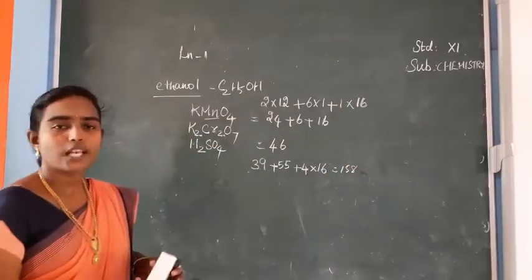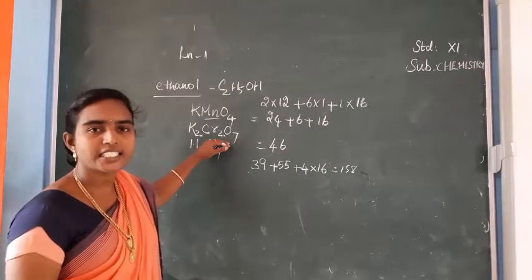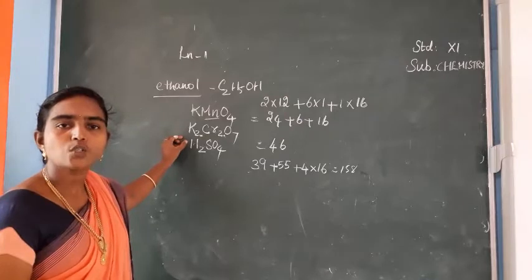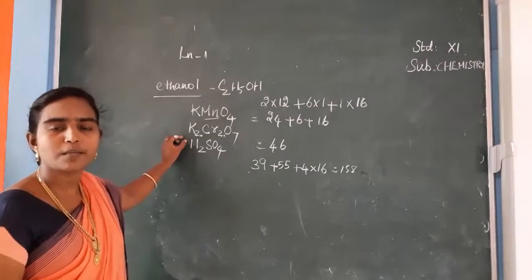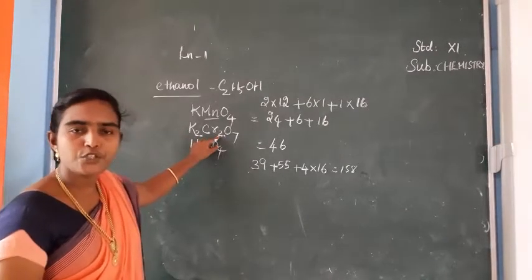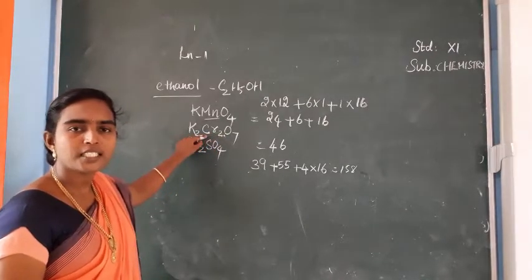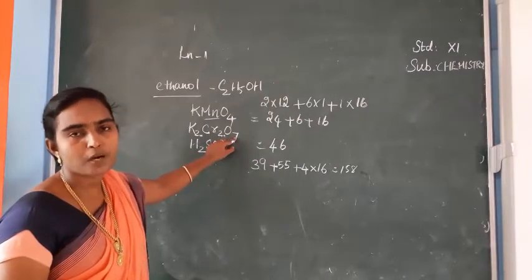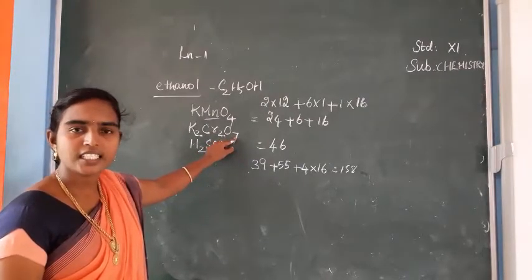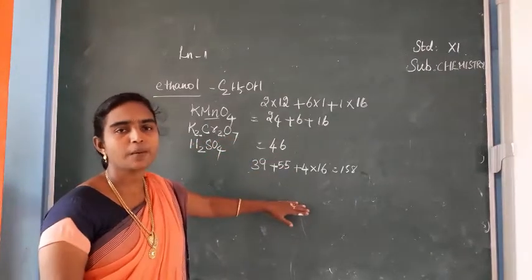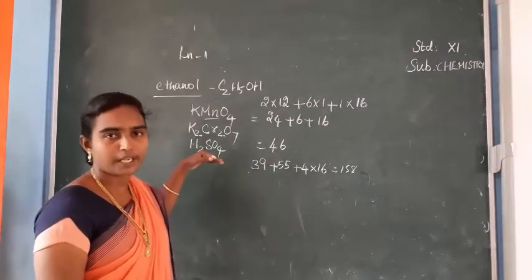Like this you can calculate for potassium dichromate also. 2 potassium atoms are there, so 2 into the potassium atomic mass 39, plus 2 into the chromium atomic mass 51, plus 7 into the atomic mass of oxygen, 16. When you calculate, you get the molecular mass of potassium dichromate.